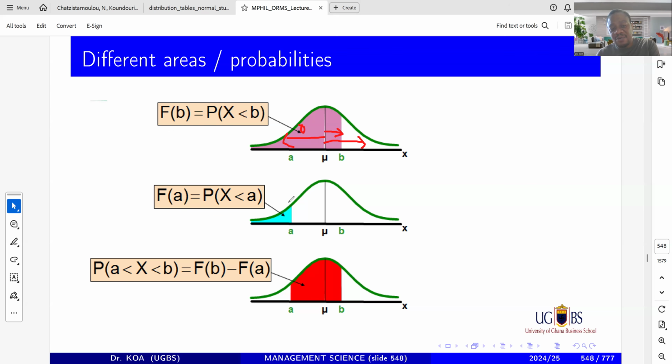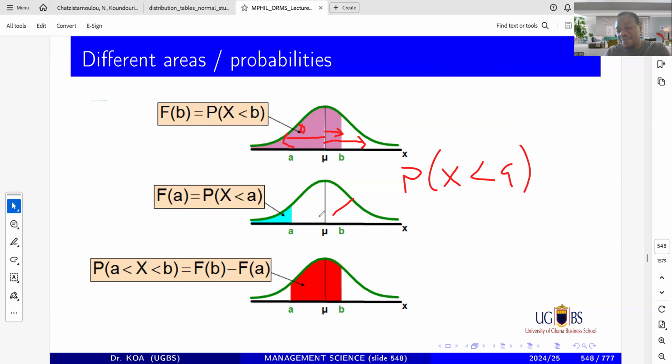That is different from the second one here. In the second one, I know this is 50%. I don't need this area. The area I'm looking for is a shaded area. So I'm looking for the probability that X is less than A. That's what I'm looking for, the area below A. And if you want to find the area below A, guys, watch it.